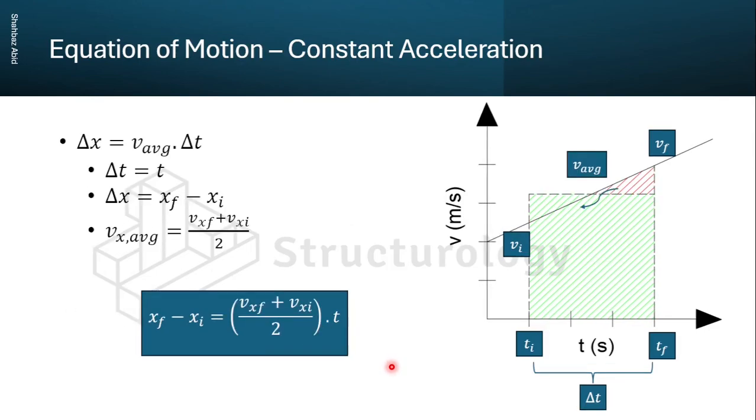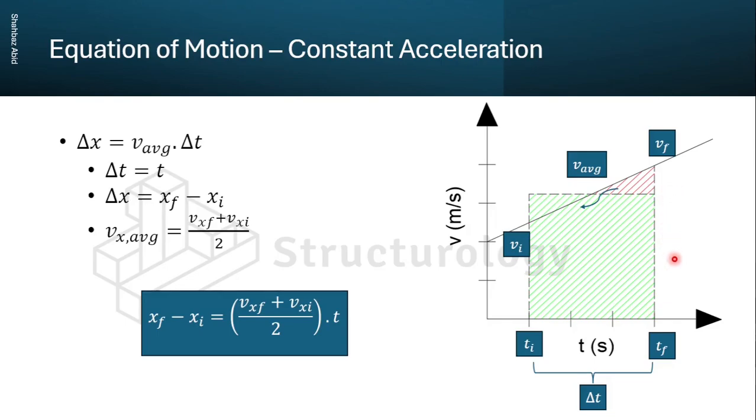To derive the fourth equation of motion for constant acceleration, let us consider the same velocity versus time graph. If we transfer this red shaded triangle to here, it's going to develop a square or a rectangle shaded area, which is green.